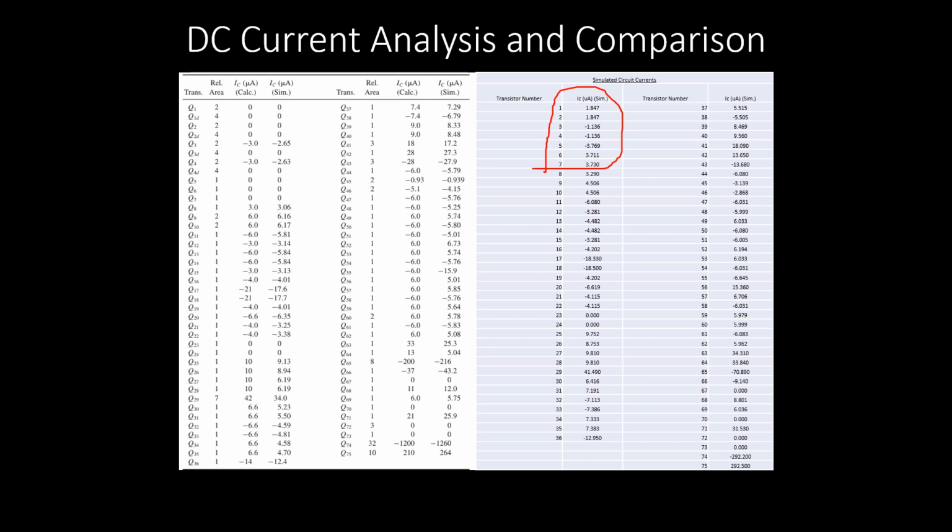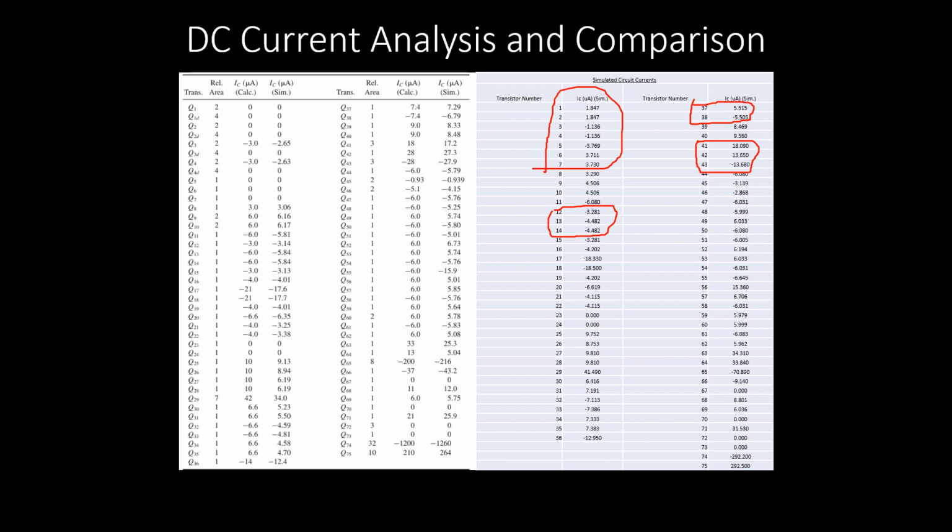Q3 and Q4 were biased a bit lower than expected. Transistors 12 through 14 were also a bit lower than expected. Transistors 37 and 38 were a bit lower than expected, while transistors 40 through 43 were a bit higher.